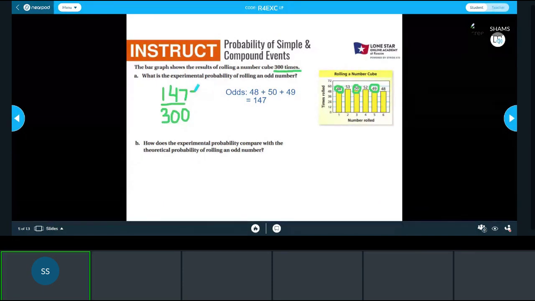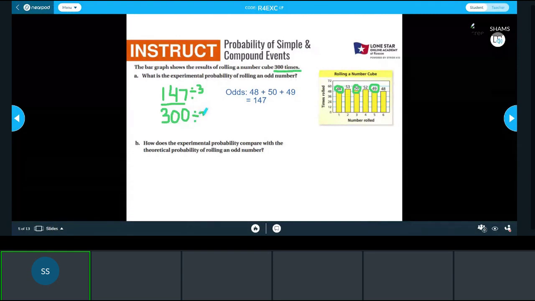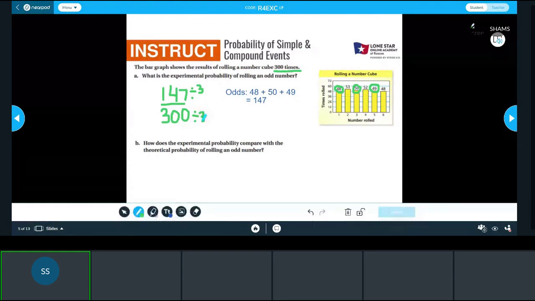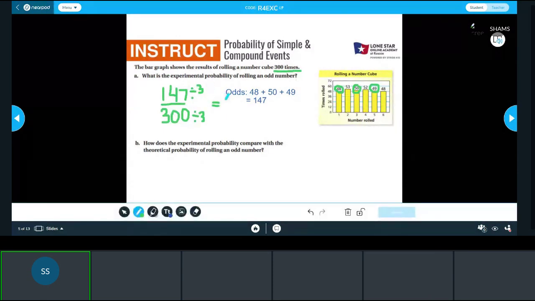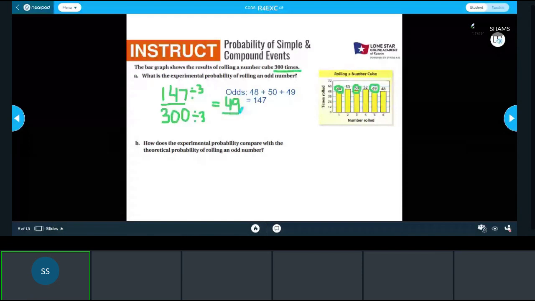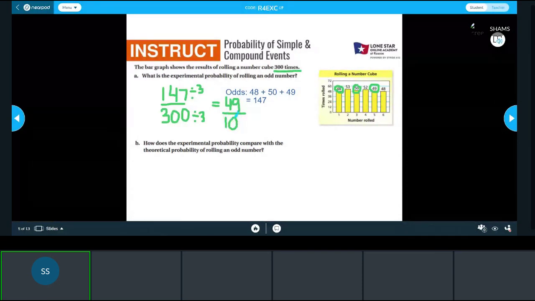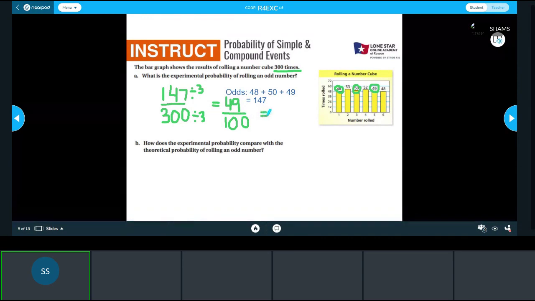This can be reduced by 3. 147 divided by 3 is 49, and 300 divided by 3 is 100. I cannot reduce it any further. So the chance of rolling an odd number will be 49 over 100, and something over 100 can also be called a percent, 49%.